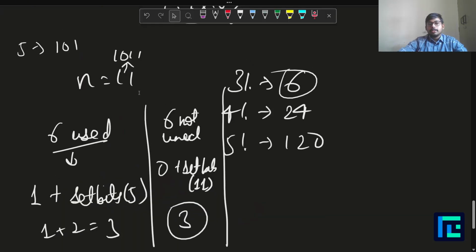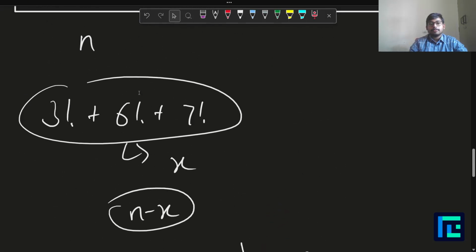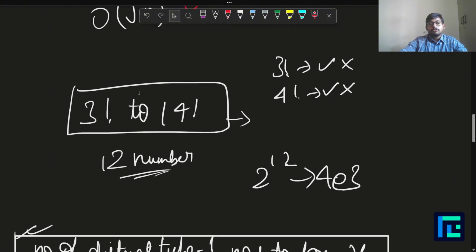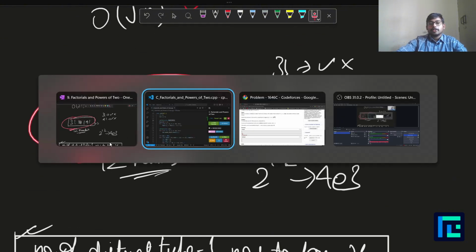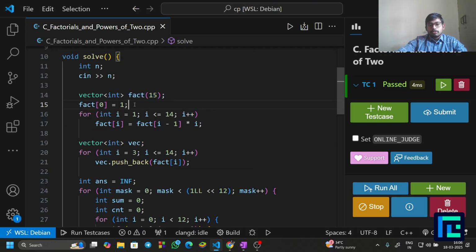So all these 12 numbers from 3 factorial up till 14 factorial, I need to first compute those numbers. So factorial of 0 is 1, and for i equal to 1 to 14, factorial i is factorial i minus 1 into i. This way I computed all the factorials up till 14.